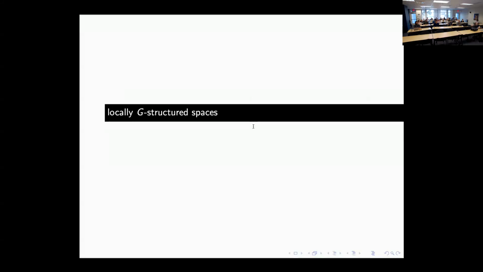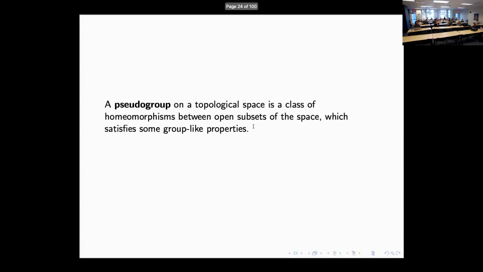In order to even define a locally G-structured space, I have to take one small step back and define another thing first. So we'll start there. One has to start somewhere. We're going to be starting with the pseudogroup. If you have a topological space, a pseudogroup on a topological space is just a class of homeomorphisms between open subsets of this space, and this class satisfies some group-like properties.